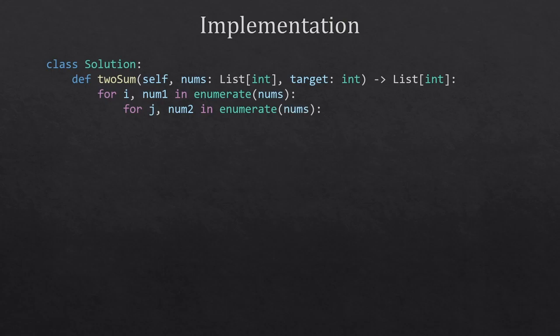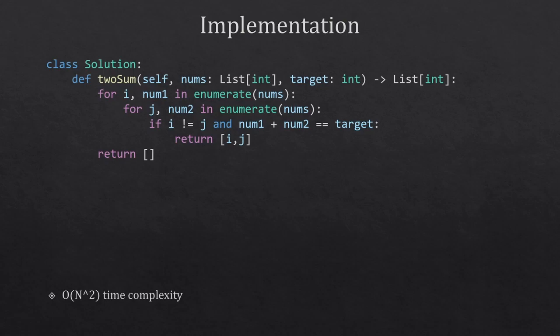Next, we want to check if two indices are different and if our numbers num1 and num2 add up to the target value. And if they do, we will return the list of indices. If after checking all the pairs we couldn't find any match, we will return the empty list.